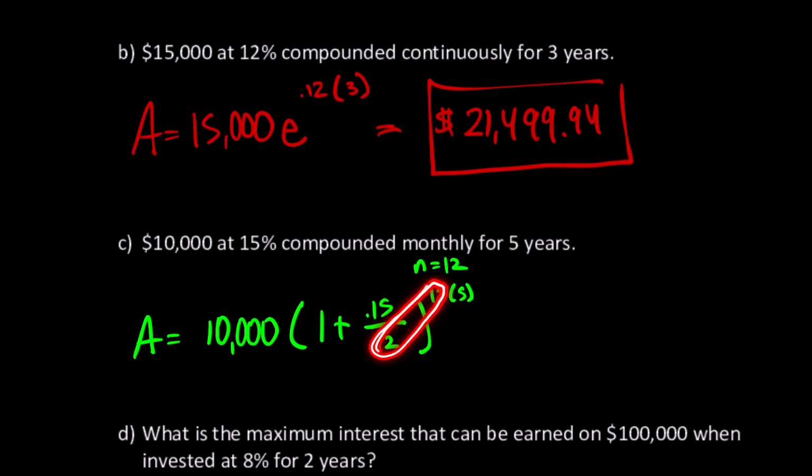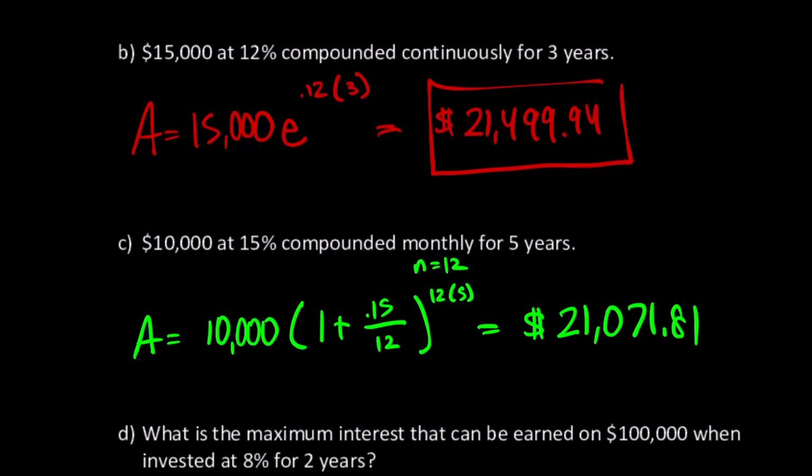And it hopefully makes sense to you, because we're taking our annual interest rate and dividing it by the number of times we compound it. So this ends up being smaller than what it would be for a whole year. To make up for that, you take the number of times you compound it and multiply by the number of years, because you're just calculating interest more times. Okay, so that value gives me $21,071.81.